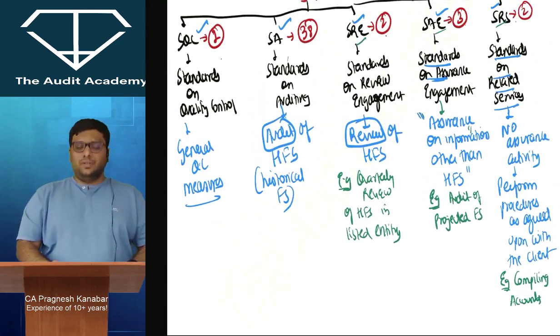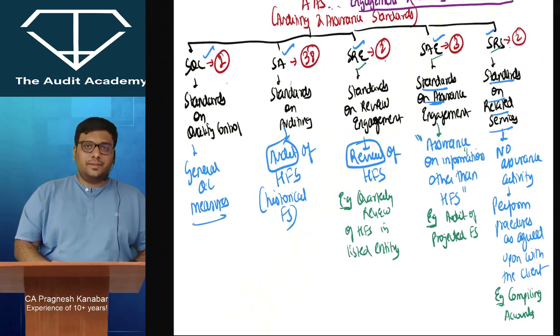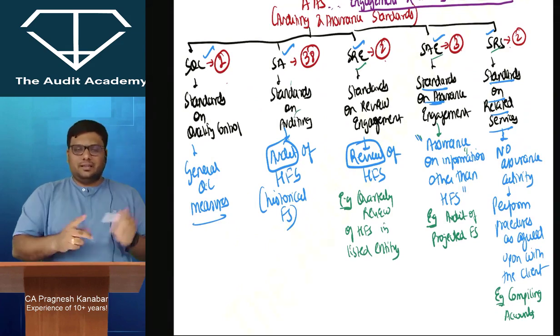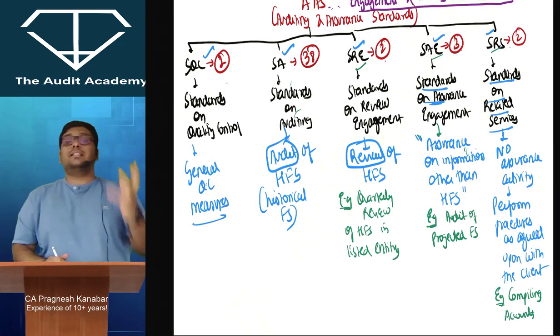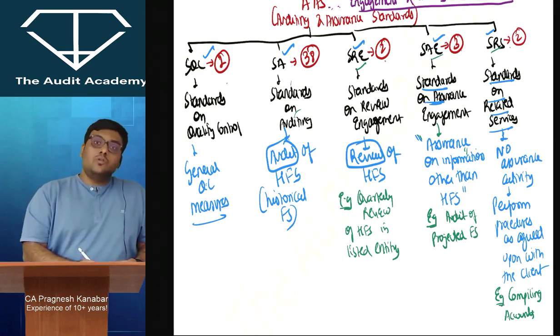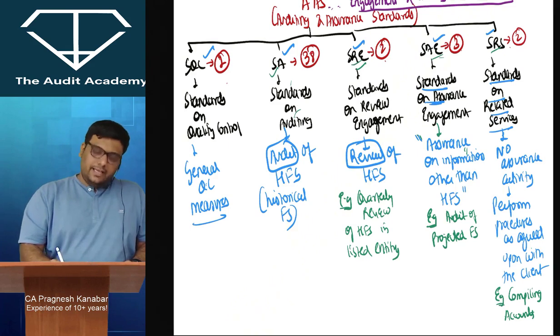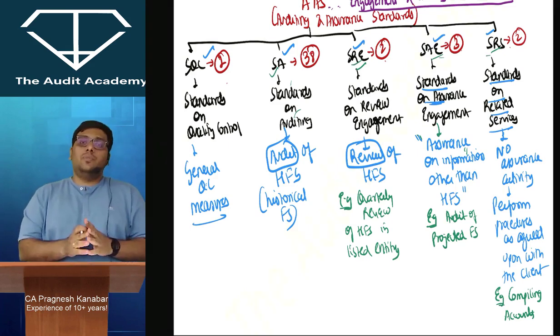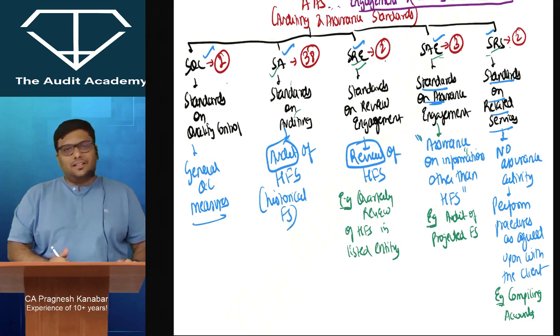Acting as an assistant to the client, acting as an accountant of the client. Alright. Otherwise, standards on auditing, everyone knows stat audit of companies and stuff. Best example. Okay. And SQC itself is not an assignment. SQC tells you how to maintain quality while performing assignments under SA, SRE, SAE and SRS. Alright. That is why I said SQC is like parents. No matter how many number of children, same level of instructions are given.